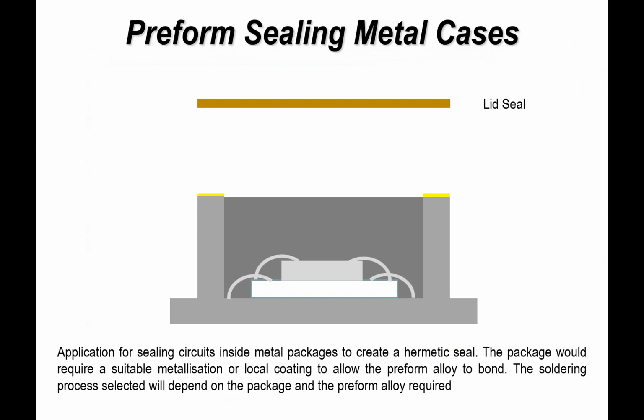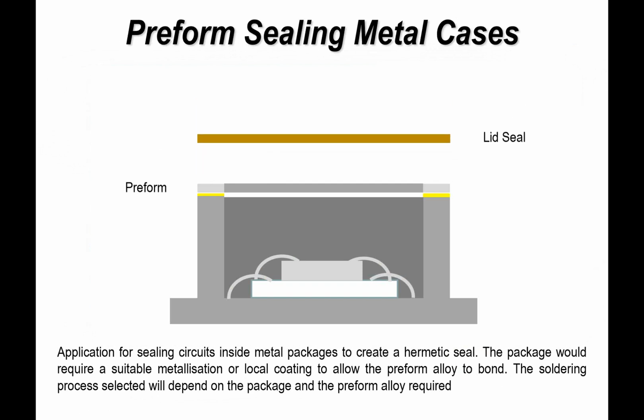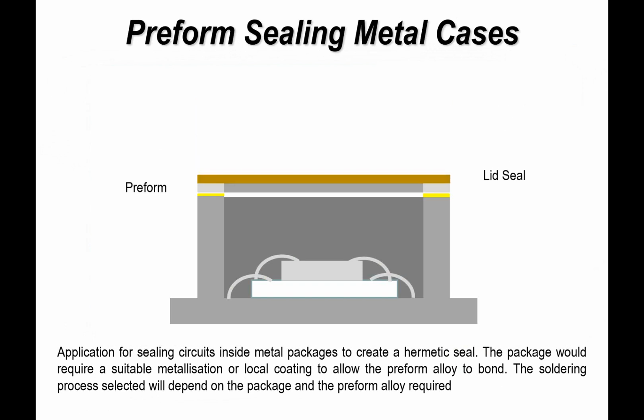And basically what we would take is our lid, our preform, we'd place our preform onto the surface, place our lid onto that surface, and depending on the preform material, because remember I said that there's a whole range of materials out there for different applications which are based on the requirement of the sealing, the temperature requirement of the product, etc. So it's not just traditional solders which are used with preform technology.